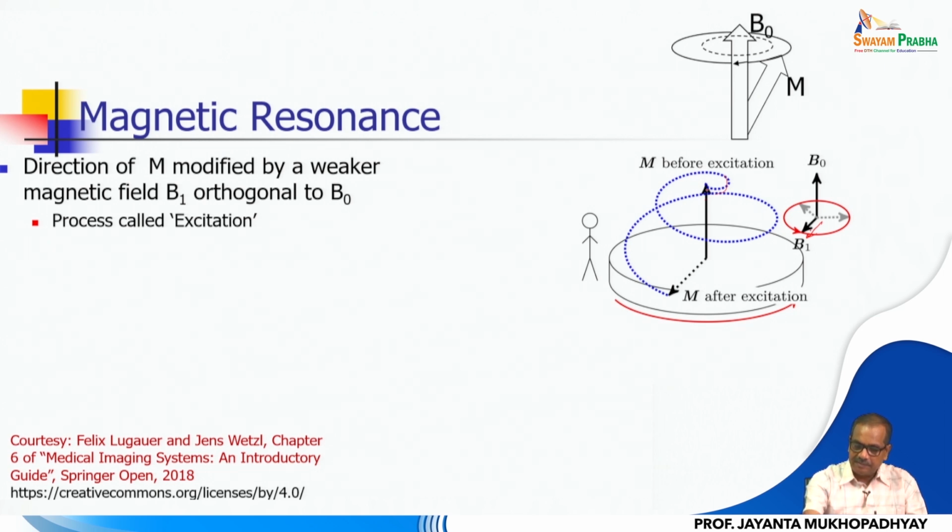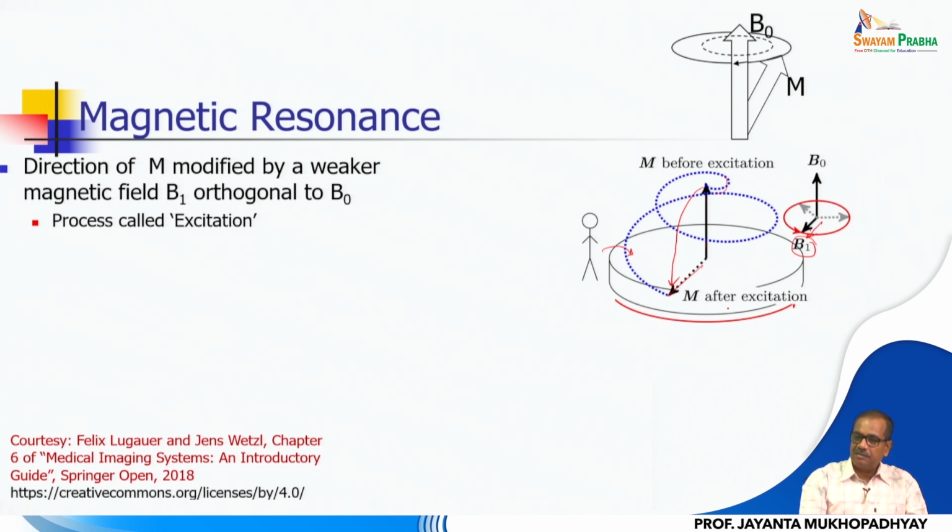So from this it will basically come to this. If I observe it as a rotating turntable, its polarization, its direction, will change from the vertical direction to a direction over this turntable plane. This is how it takes place when there is an orthogonal magnetic field.